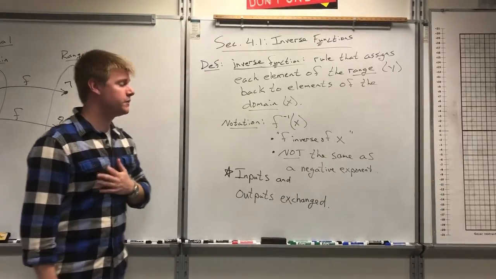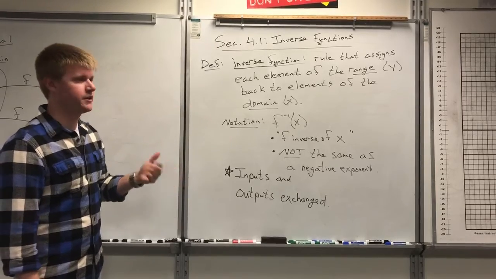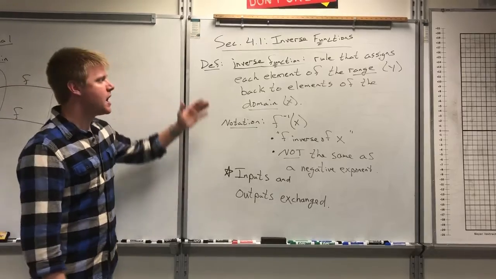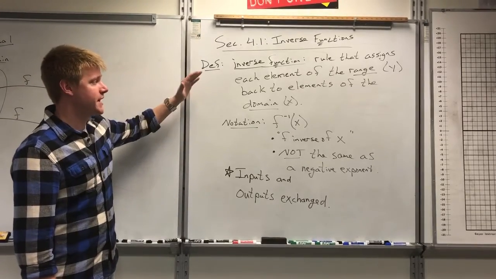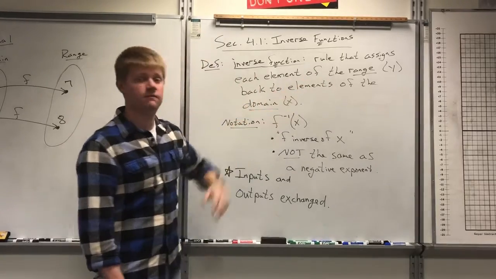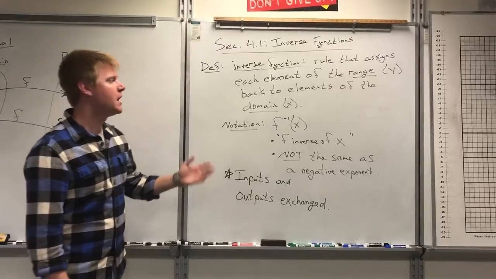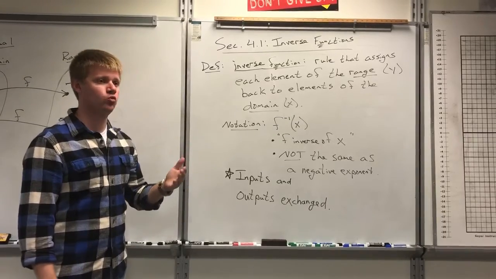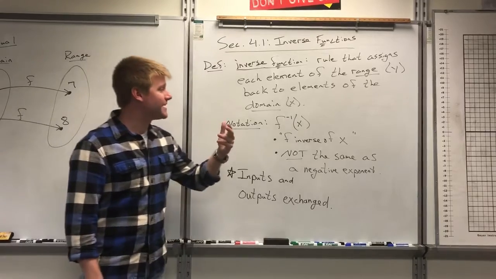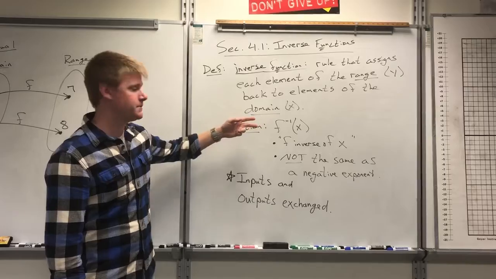The definition is that, very similar to a function, it is a rule. It could be an equation, mapping table, or graph, but it is a rule that assigns each element of the range back to elements of the domain. If you go back to function, that takes elements of the domain, the x values, and assigns them to elements in the range. But you can notice that these are flipped, so the opposite.